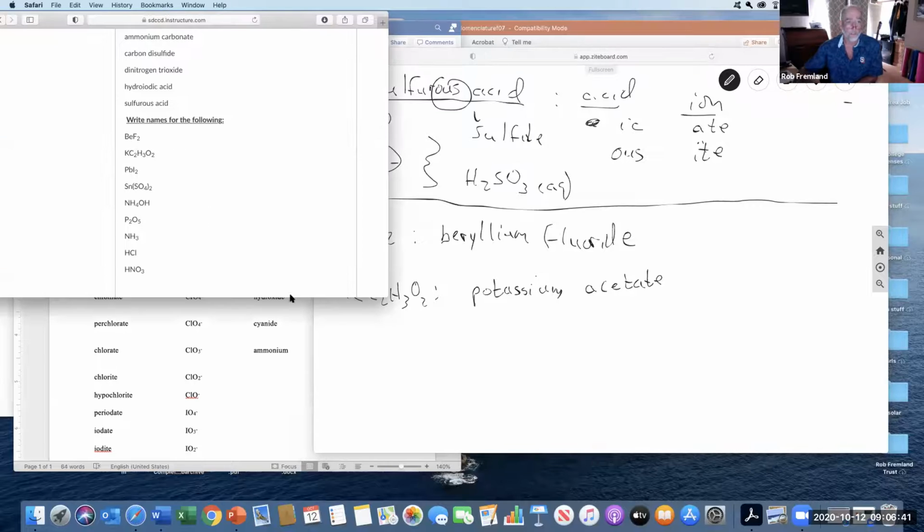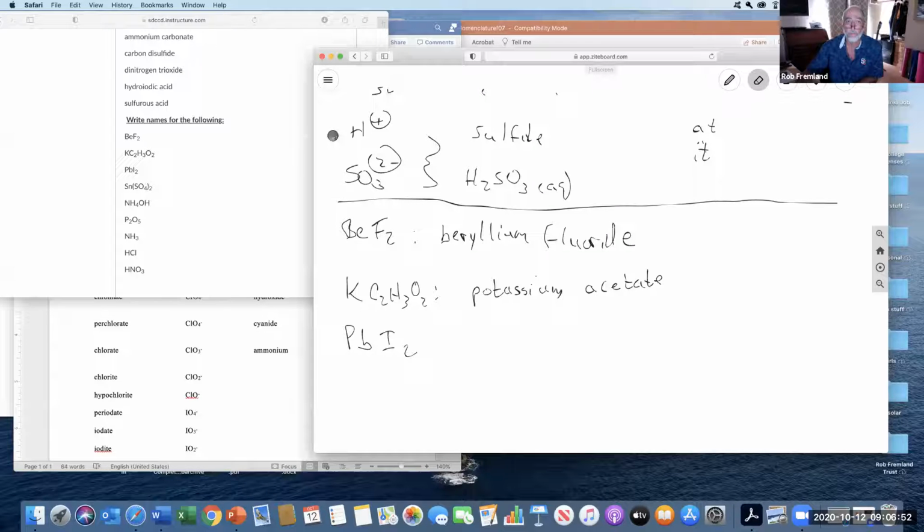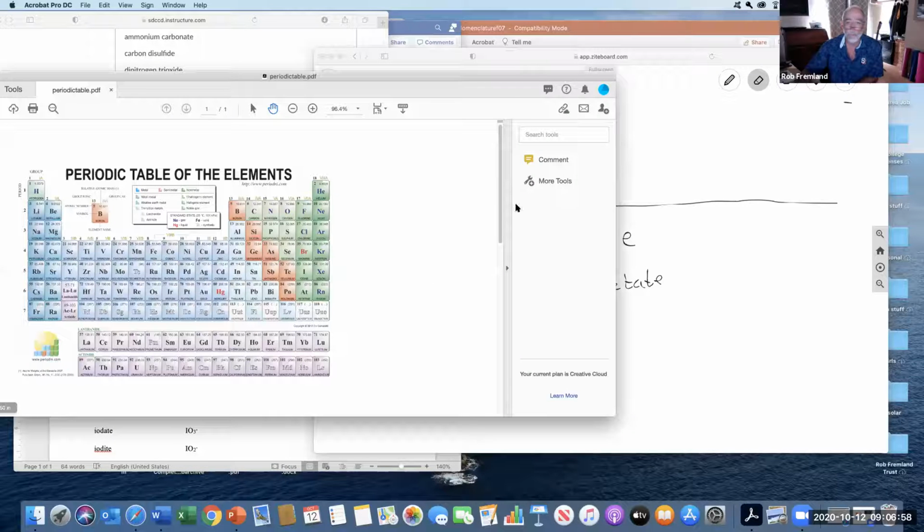Okay. The next one is PbI2. Okay, this one gets tricky. So let me make some space. I have plenty of time on this. Okay, lead. So we know that this is going to be called lead. Lead is right here on your periodic table.